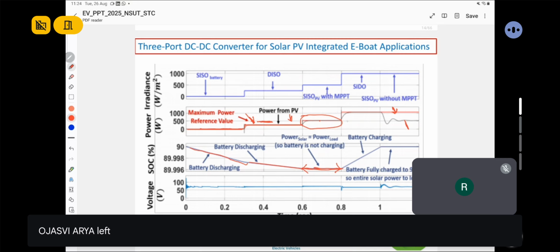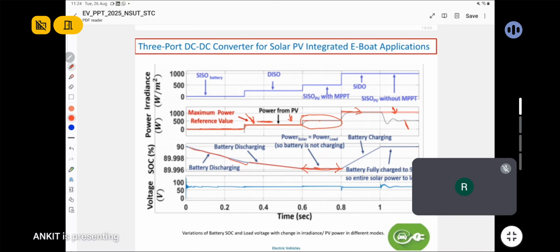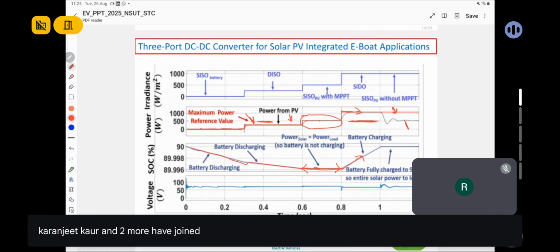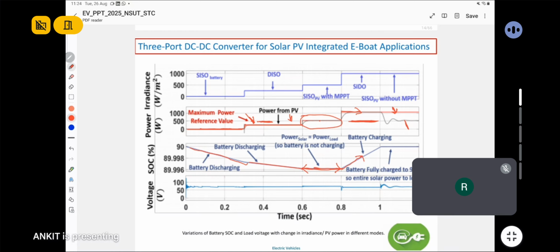Again here we can see the generated power is higher than the load power. This is the load power line. So the solar PV will supply the load power as well as charge the battery, so the SOC of the battery will increase.